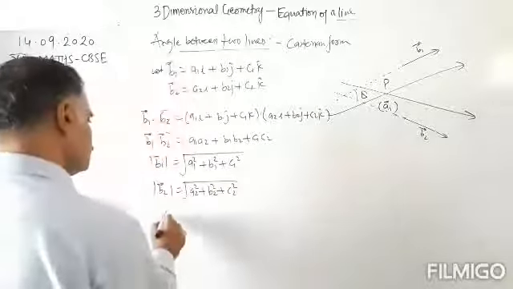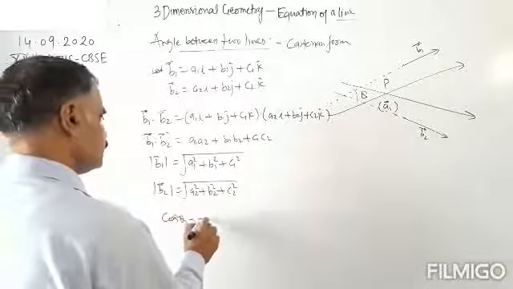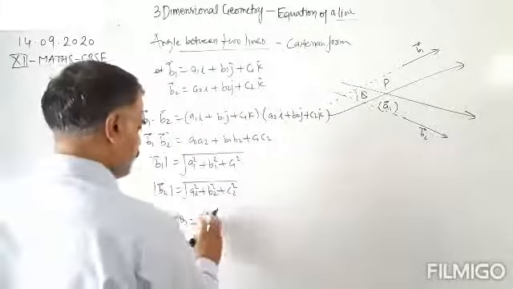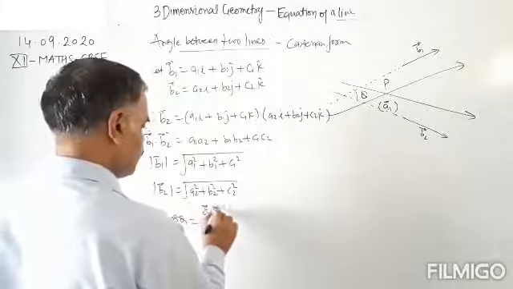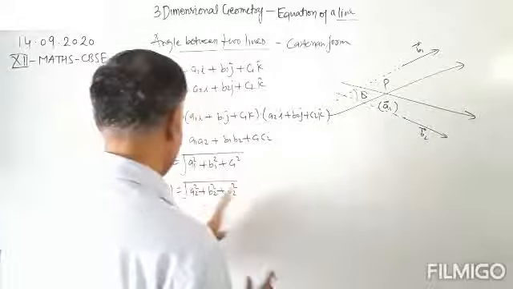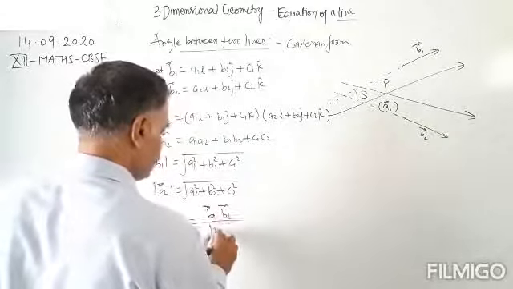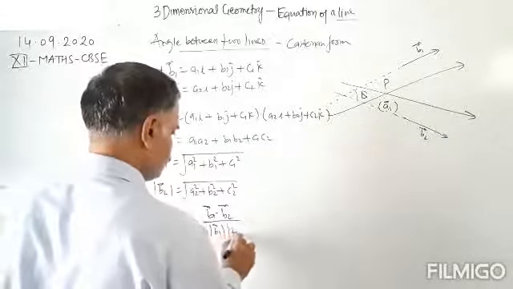Now cos theta is equal to b1 vector dot b2 vector divided by magnitude of b1 vector, magnitude of b2 vector.